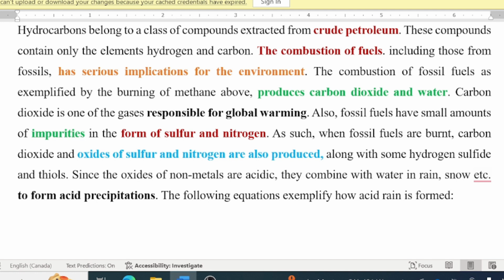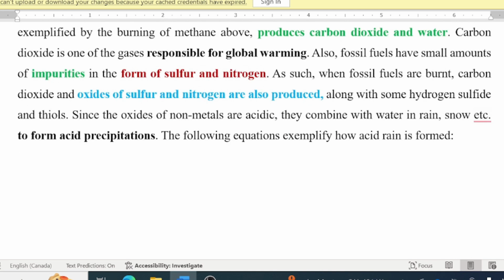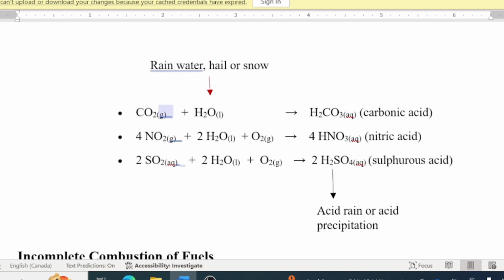Since the oxides of non-metals are acidic, they combine with water, rain, snow, hail, etc. to form acid precipitation. The following equations exemplify how acid rain is formed. Here are the oxides that are produced from the burning of fossil fuel: carbon dioxide, nitrogen dioxide, sulfur dioxide.